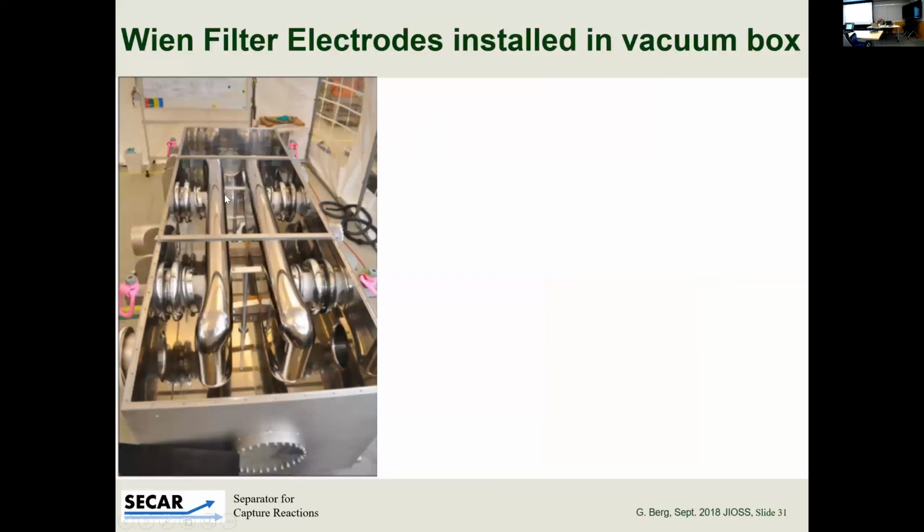The two electrodes are here, very shiny for electrostatic purposes, and they are mounted here on ceramic standoffs. Here, the electric feed of the plus minus 300 kilovolts is not installed at this point.